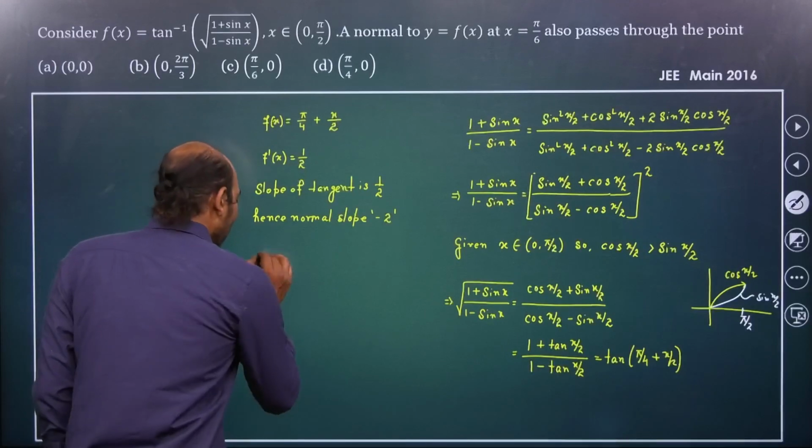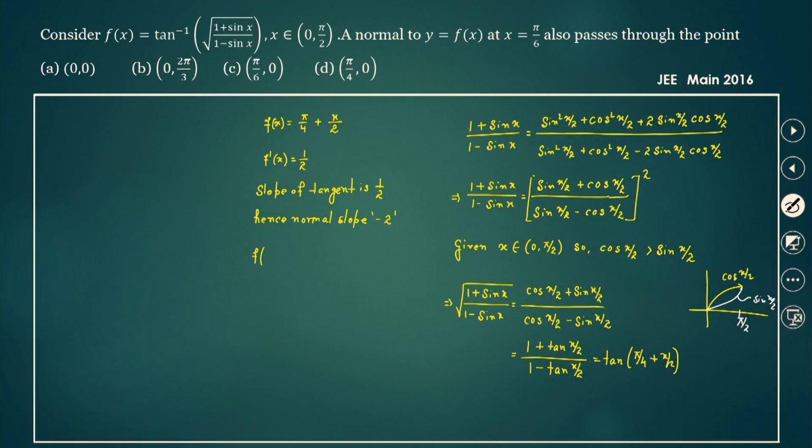Now let's calculate f of pi by 3. Pi by 6, sorry. So let's calculate for pi by 6. That gives me pi by 4 plus pi by 12. 12 is the LCM. We'll get 3 pi plus pi, so it gives me pi by 3. Okay.